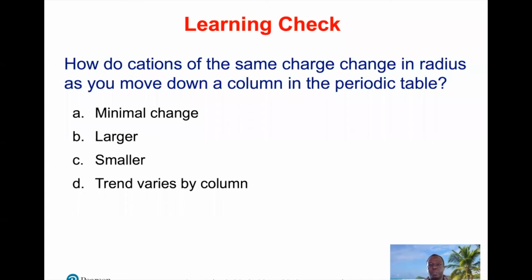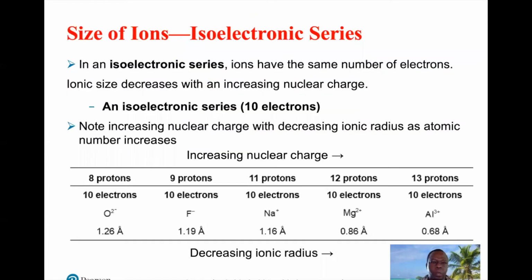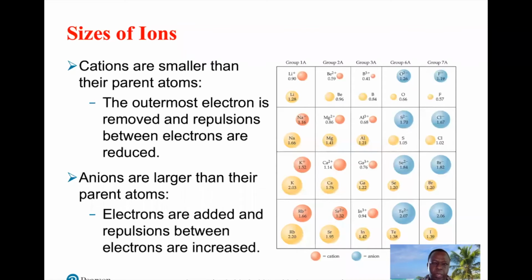As you move down a column, is it increasing? Is it getting smaller? Minimum change? Larger change? Remember, you are moving down.